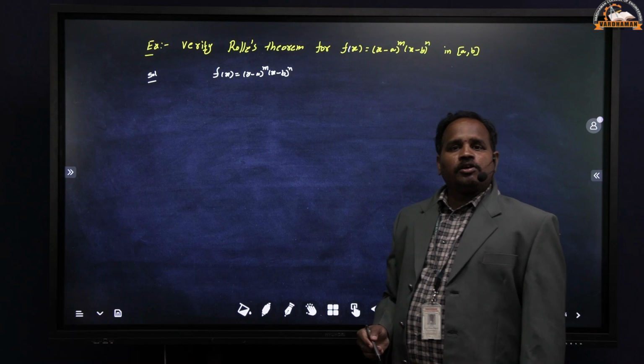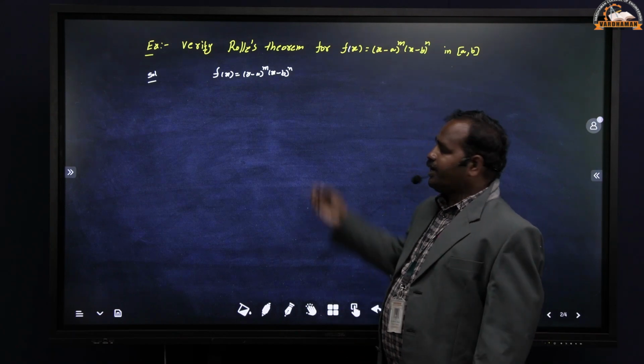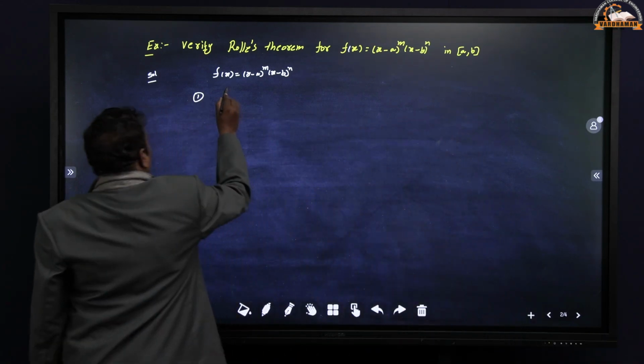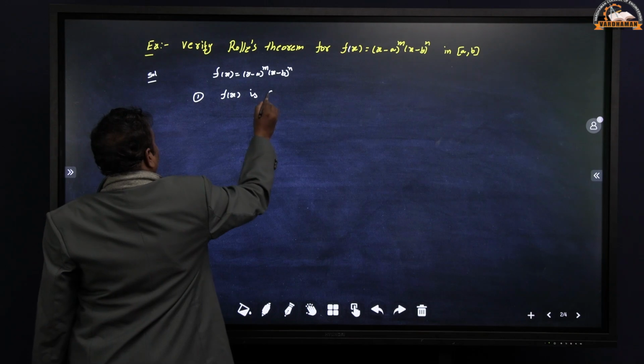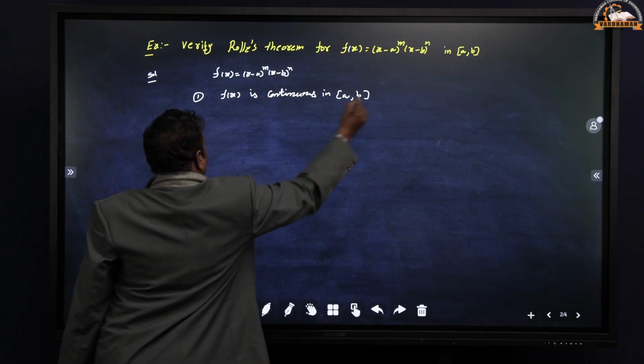If you observe this, it is a polynomial function. We know that polynomial values exist at each and every point, and that's why it is a continuous function. So first, f(x) is continuous in the closed interval [a, b].